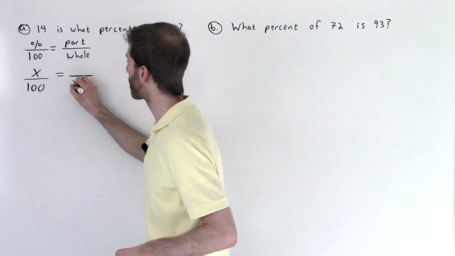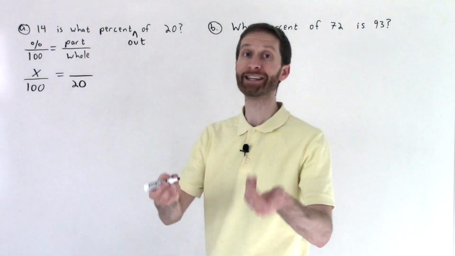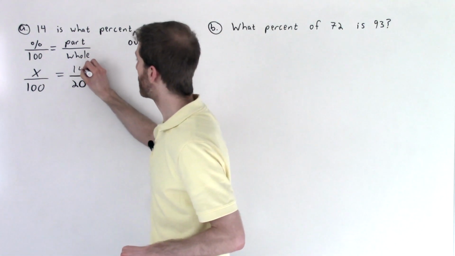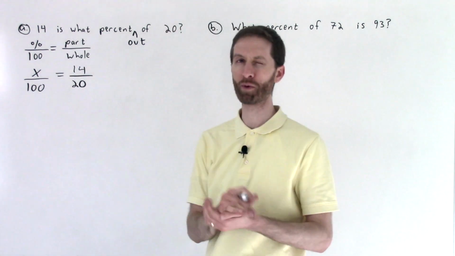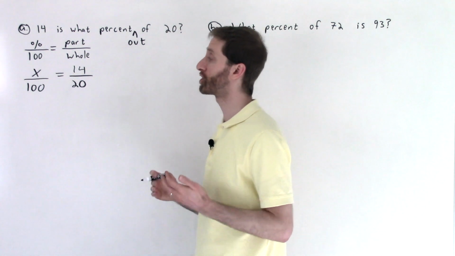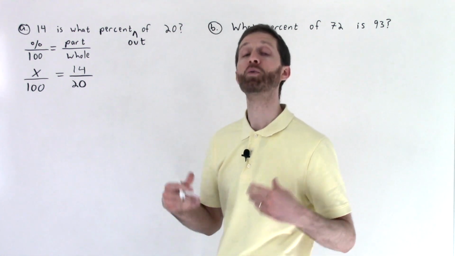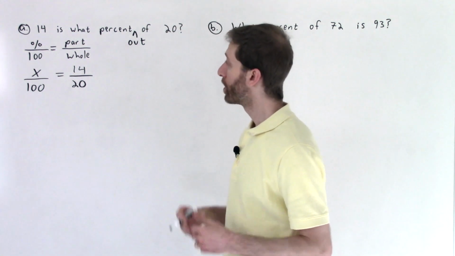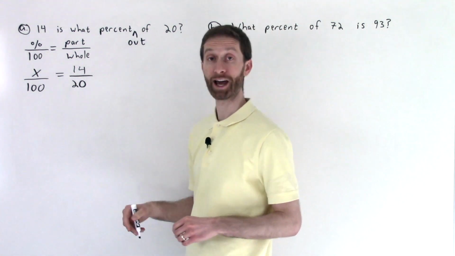So I've got "out of 20" here, and that leaves us with 14 out of 20 is what percent. So we're basically rearranging the words to get an idea of what our setup is. Now from here, I just need to solve the proportion to find x, which will be our percentage. One thing I notice is I can reduce 14 out of 20.